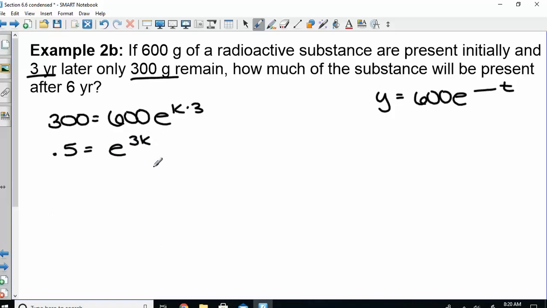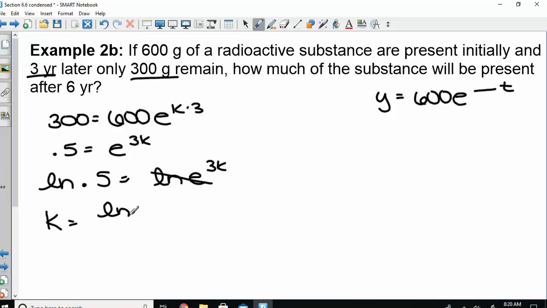I don't know if you guys have ever heard the term half-life in your science classes? This is finding the half-life of something, how long it takes until you have half of what you started with. But, okay, then we add our natural log. We know the natural log usually drops. So then to find your k, you have to do the natural log of 0.5 divided by 3. And that gives us a negative 0.2310.